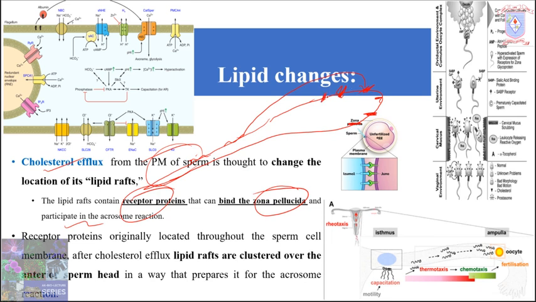This repositioning of these receptors for the zona pellucida takes place as the result of the cholesterol efflux from the plasma membrane of the sperm. I think you get the concept. So the lipid rafts are clustered over the anterior sperm head. In the lipid raft, you can see these receptors also.